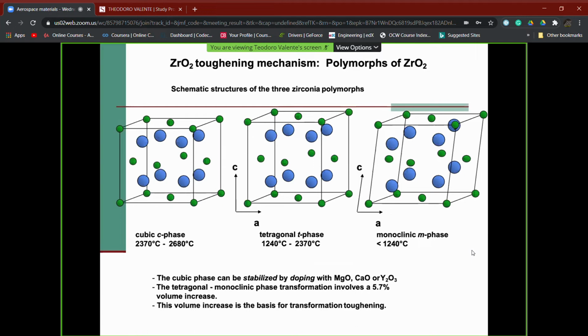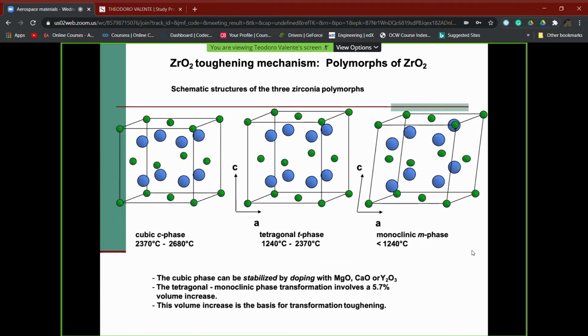We can remember, and this is one of the most important surrounding materials for our field in aerospace, and this is the reason why I'm pointing out all these concepts, that in a solid phase, as that which is interesting for us, zirconia exists in three polymorphic forms.